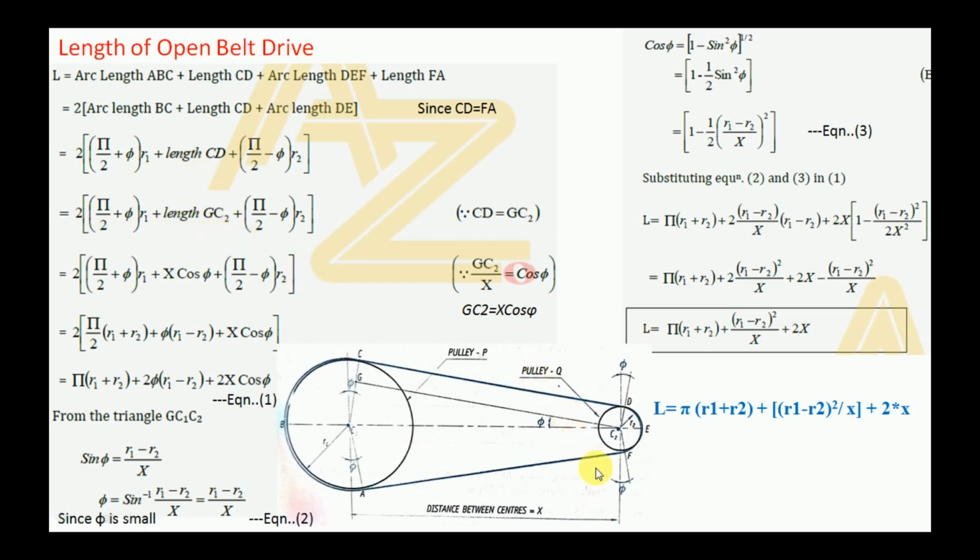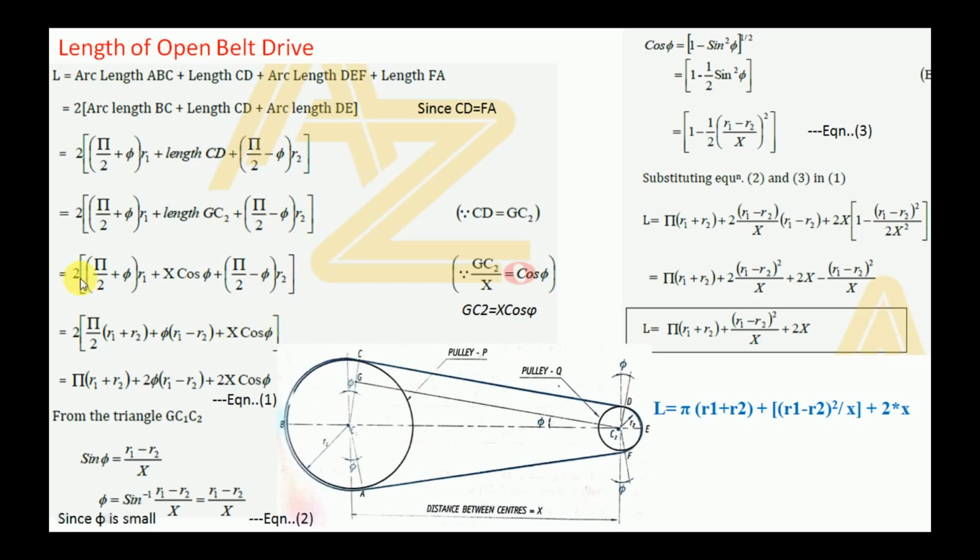Here we draw another line parallel to CD, that is GC2, in such a way that the length CD is equal to GC2. Therefore the length CD can be written as the length GC2, and the third term remains the same, pi by 2 minus phi times R2.